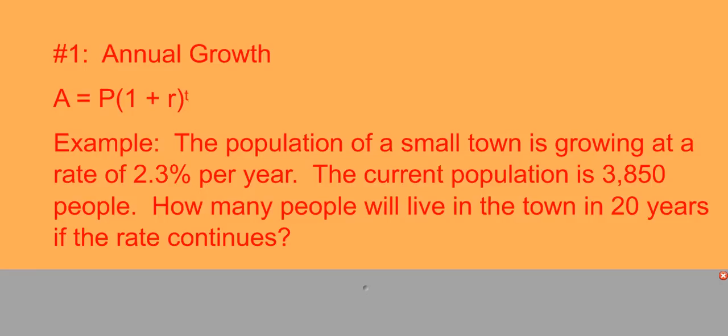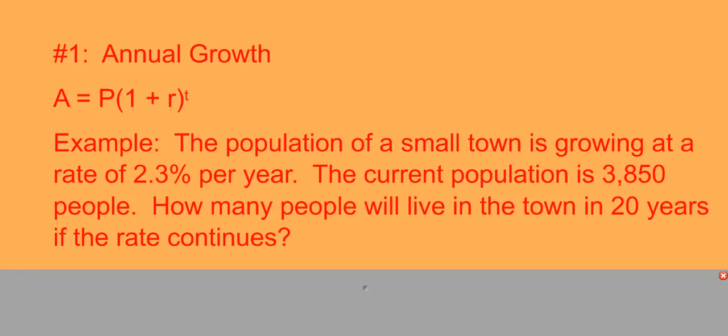And we add 1 to that because when the population grows, or when an account grows, you get to keep that original amount plus that percent increase. That's what the 1 does. When you multiply by 1, it stays the same. So you get to keep that original amount.